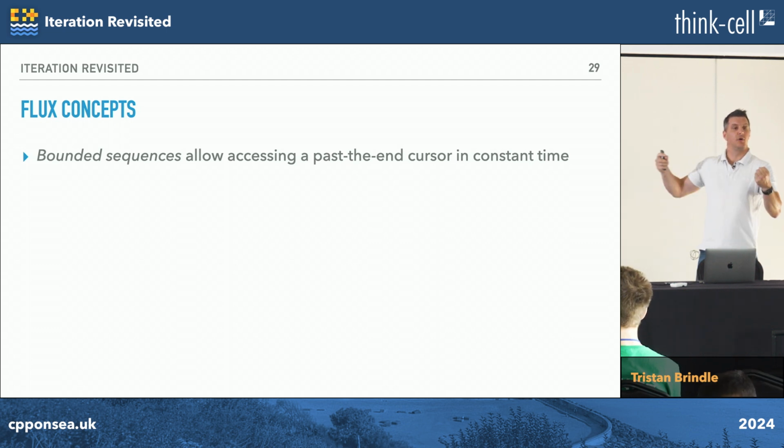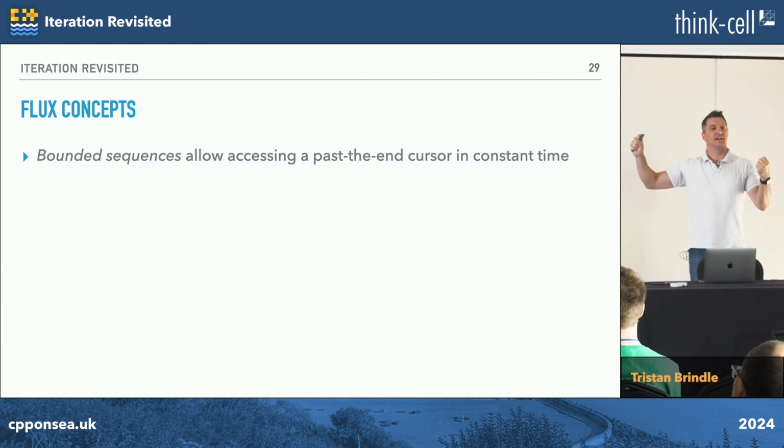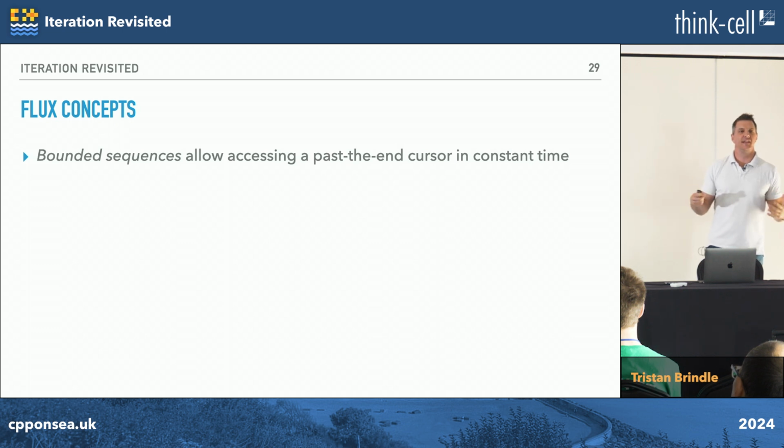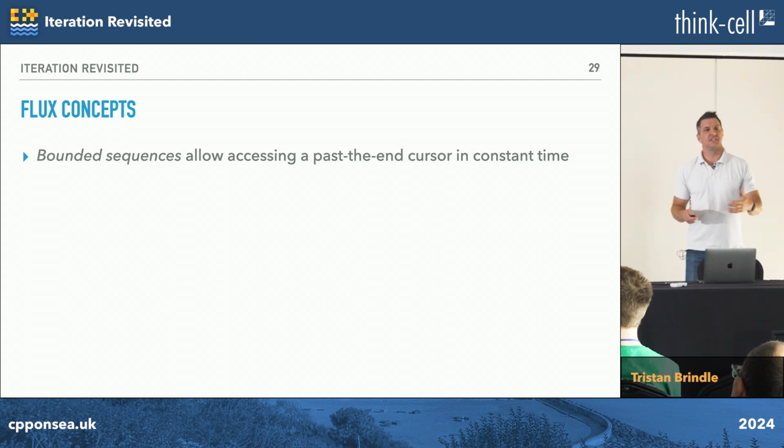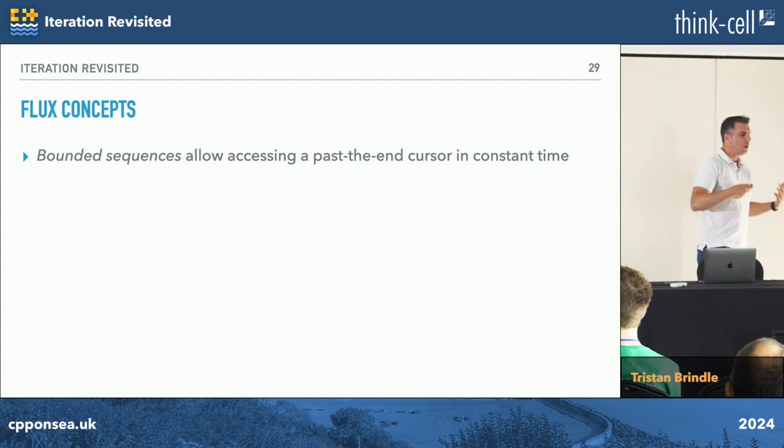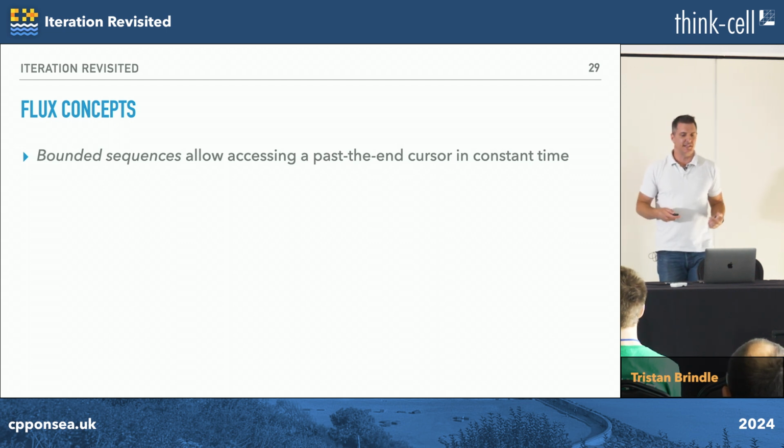So we don't actually require the sequence to be able to form an end cursor in constant time. This is the equivalent of sentinels in C++20, if people are familiar with that. However, a lot of sequences can provide you with a past-the-end iterator in constant time, and when they can, this can be pretty handy for implementing certain algorithms.